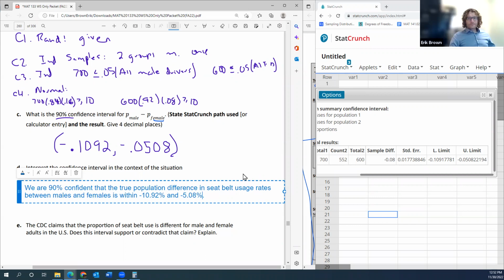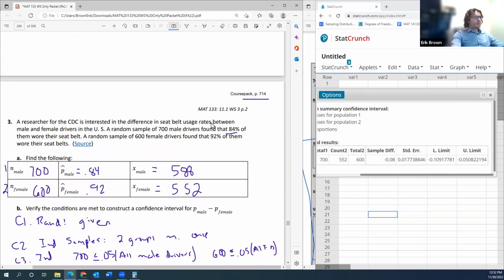So, you could toss in here the true population proportion difference or difference in proportion. You could change rates to proportions if you wanted. I just use rates because that's what's being used here.